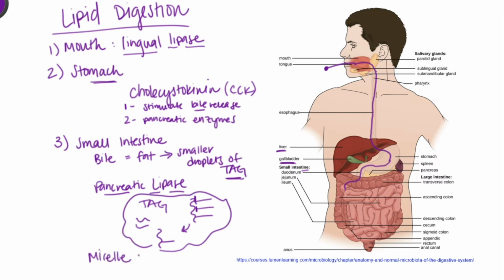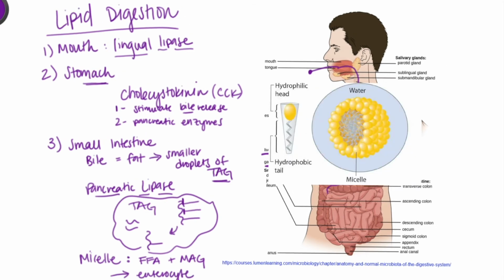So these micelles are going to be a formation of our free fatty acids and our monoacyl glycerols or monoglycerides. And it's going to take all of those and package them up so that they can move to the enterocyte. So let's check out the shape of this micelle here on the right.